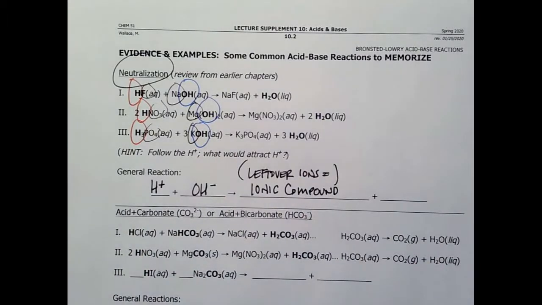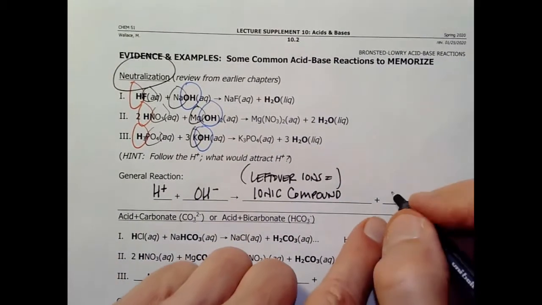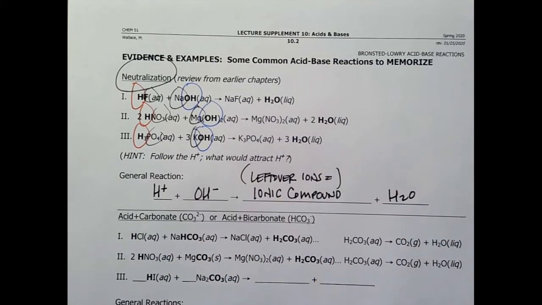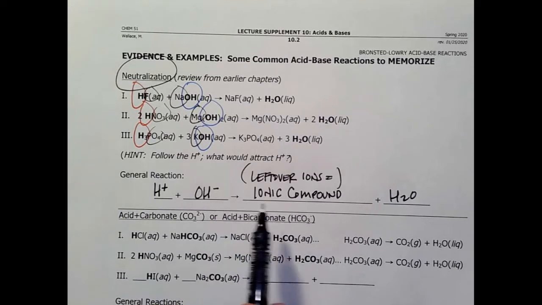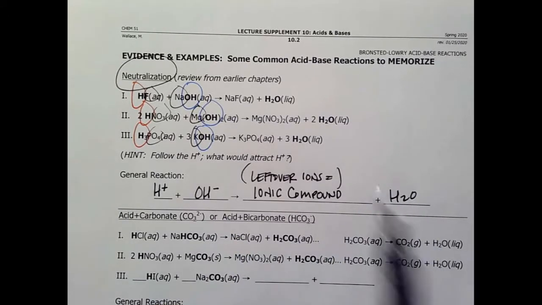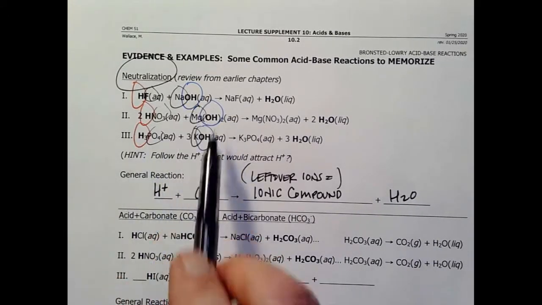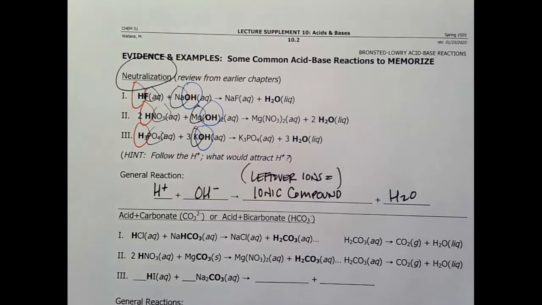Take those leftover cations, anions, put them together into an ionic compound, and we get water. So we'd say acid plus base gives an ionic compound and water, when it's an acid and hydroxide is what the base is.